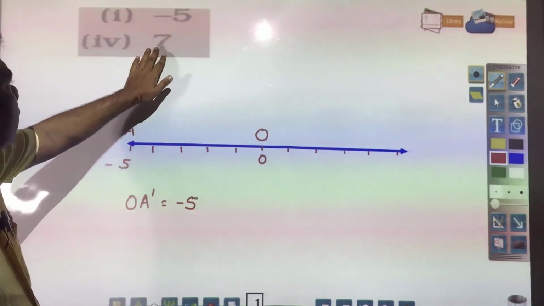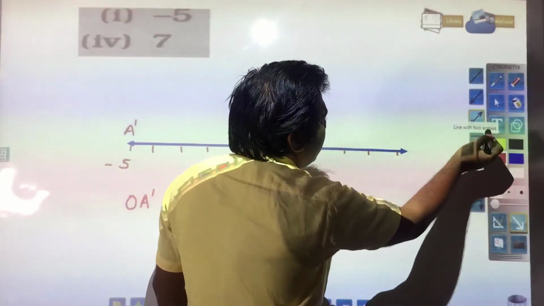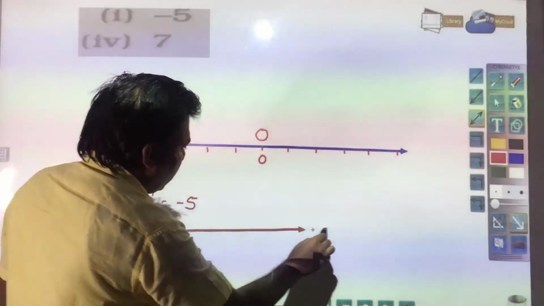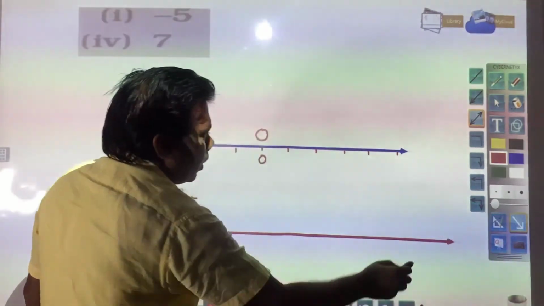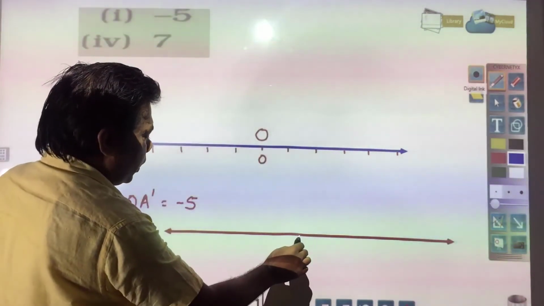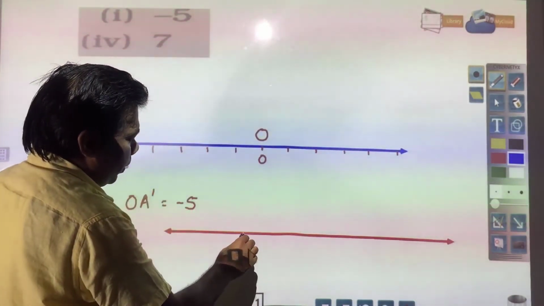Second, you have 7. How will we do it? The same thing is required to be done. A number line is required to be drawn. You mark the middle point and you have positive 7. So, this side your number will be.